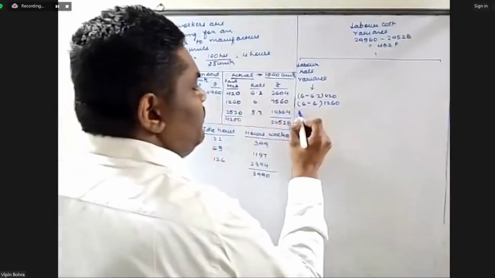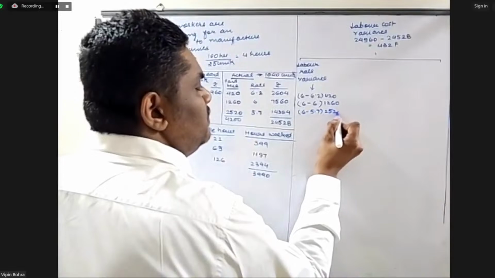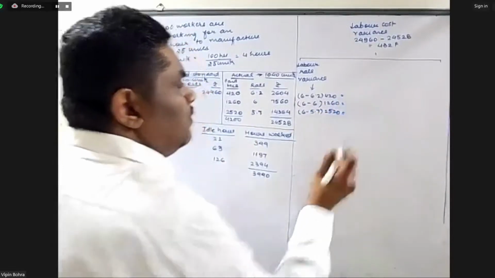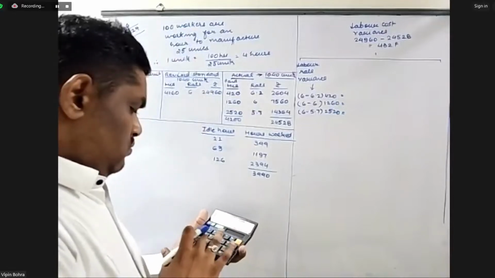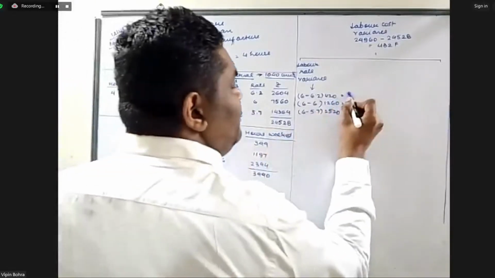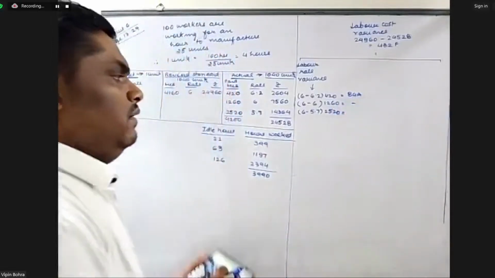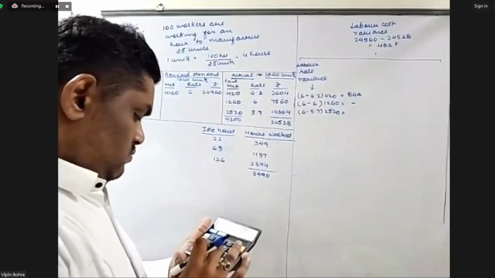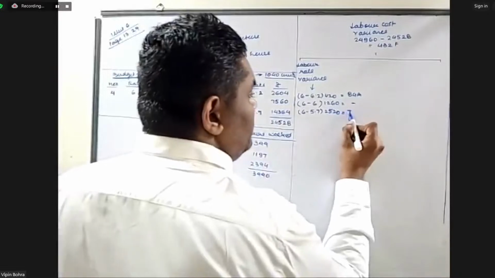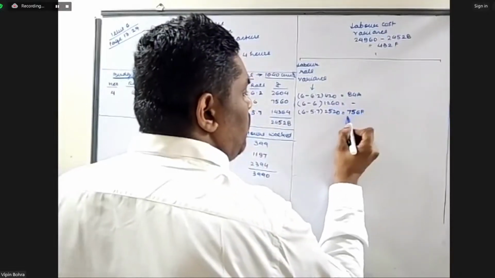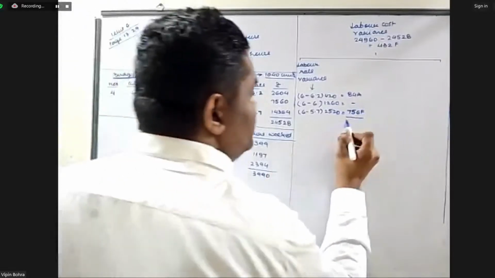And 6 minus 5.7 into 2520. So this will be 84 adverse. This will be nil. 756 favorable. So this will be 672.